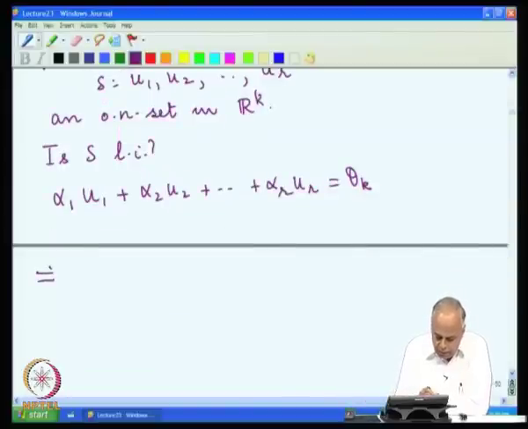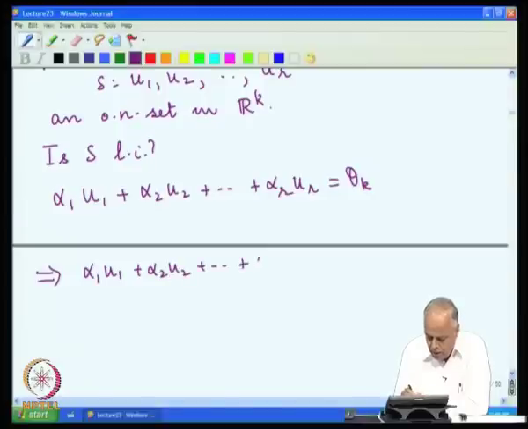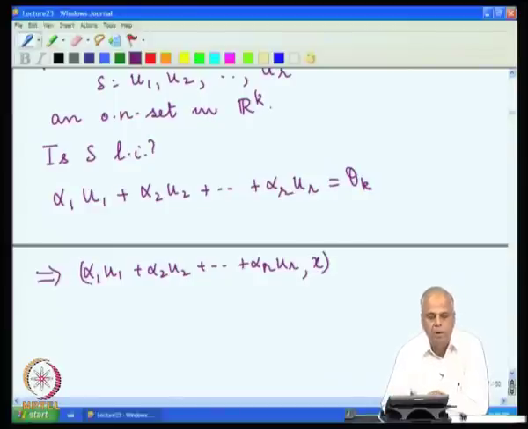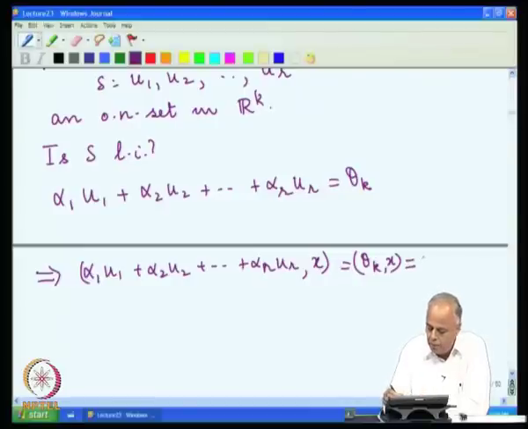Now, this implies that if we take any vector x and take the inner product with the sum, that is the same as the inner product of theta k with x, because the sum is equal to theta k, but the inner product of the 0 vector with any vector is always 0. So, the inner product of the sum with x is equal to 0 for every x in Rk.